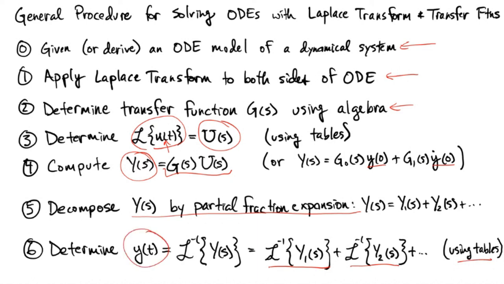And so notice the solution could be the sum of a number of different solutions. Each one of these could be corresponding to either different inputs or different terms that come out of the partial fraction expansion.